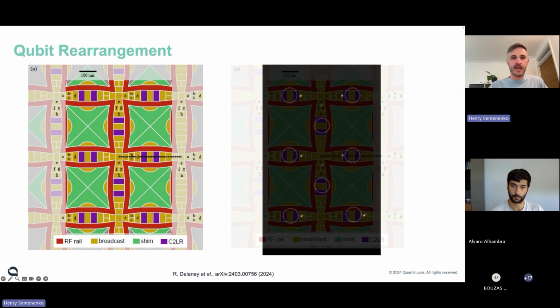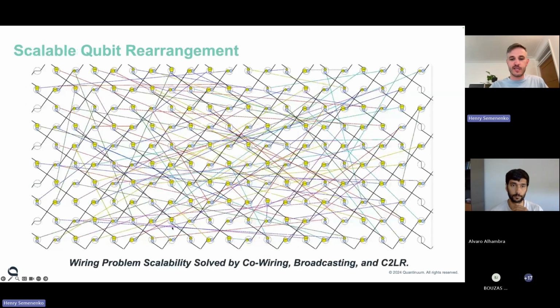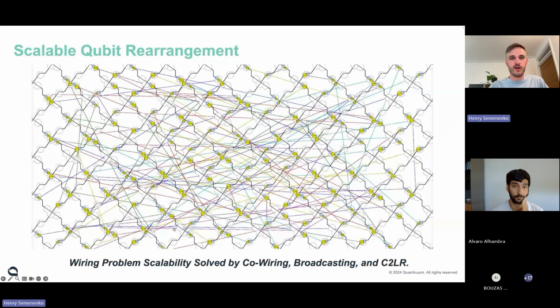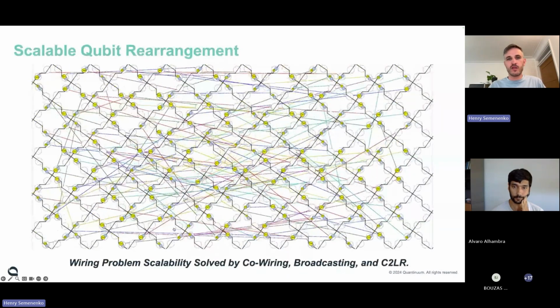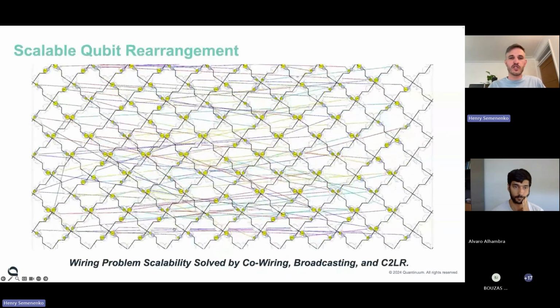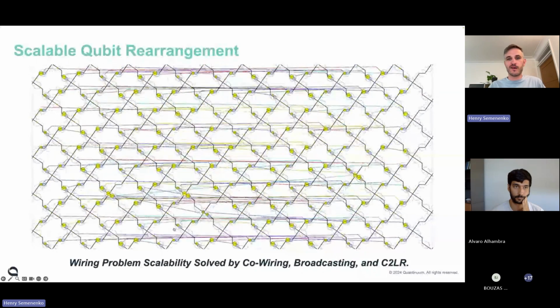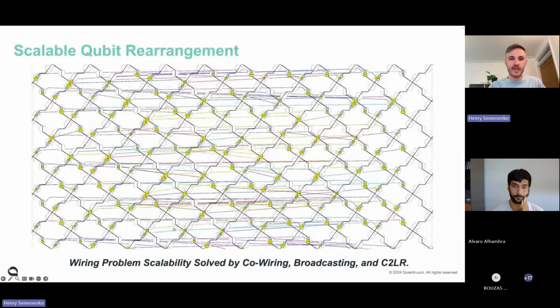And this also does scale to much larger systems. And so here we see a random arrangement of qubits, and the lines between them are the qubits that we want to perform gates on in the next round of the computation.